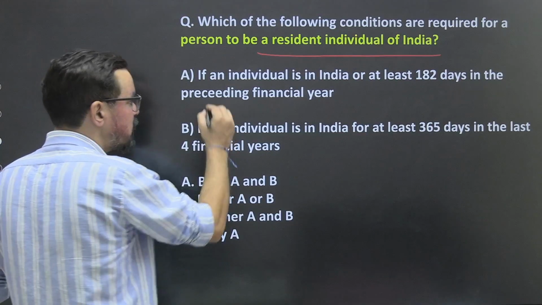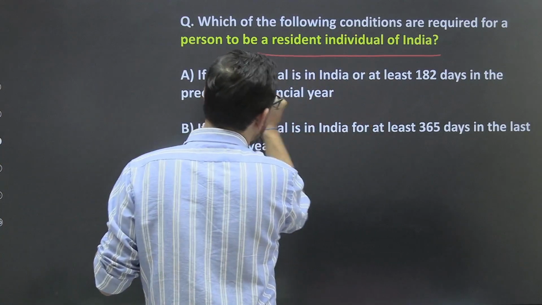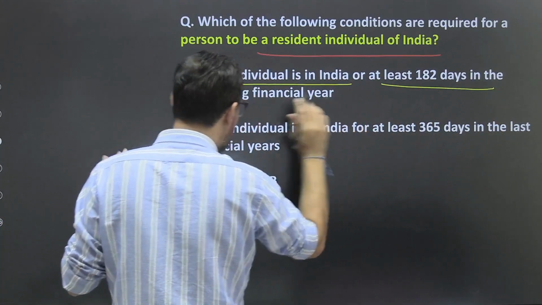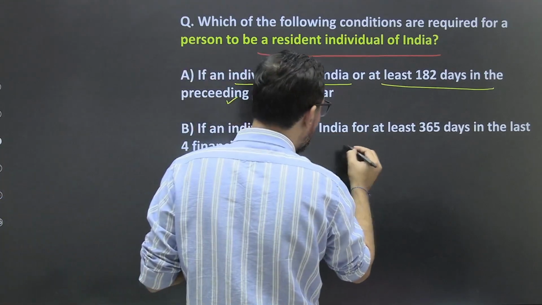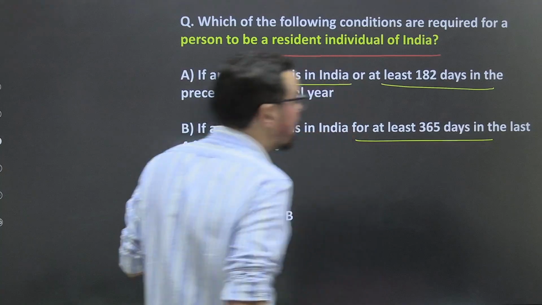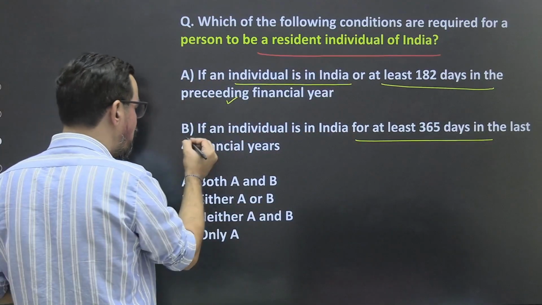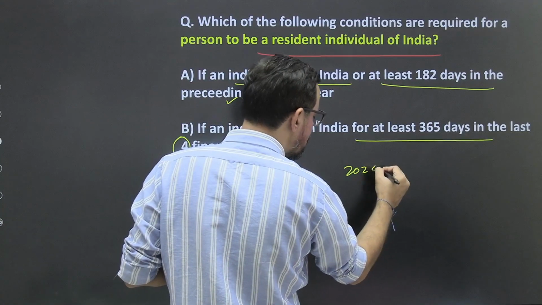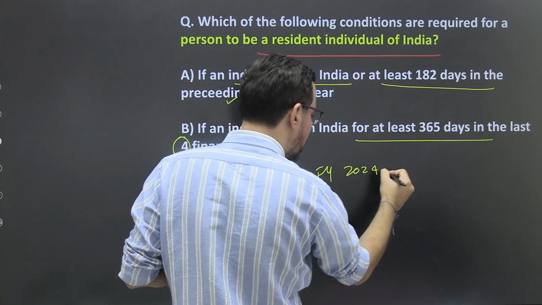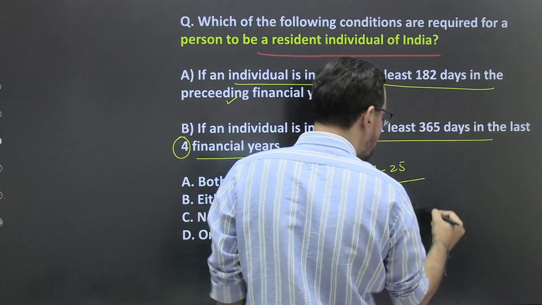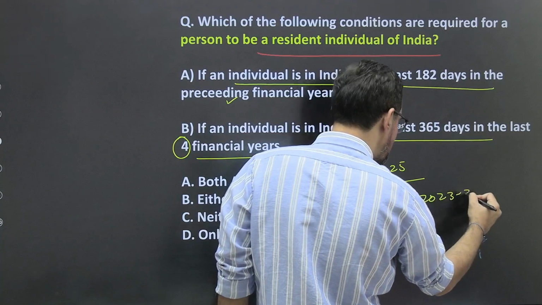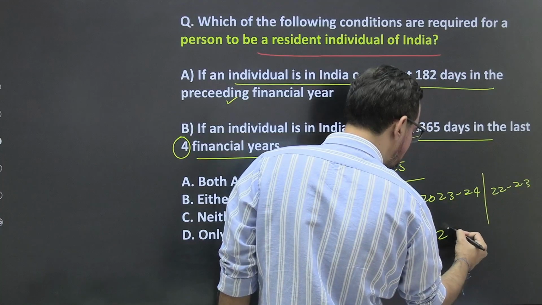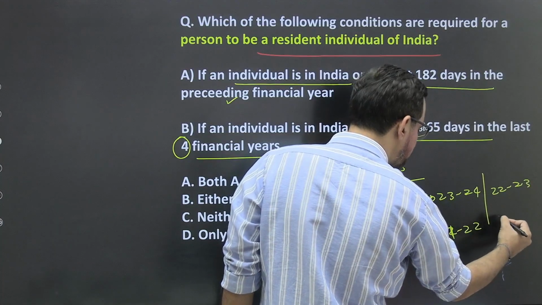In this particular situation, an individual will be categorized as resident if he is in India for at least 182 days in the previous financial year. This is one condition. Another one is if an individual is in India for at least 365 days in the last four financial years. Last four financial years means, let's say the current financial year is 2024-25, then the preceding four years will include 23-24, 22-23, 21-22, and 2021.